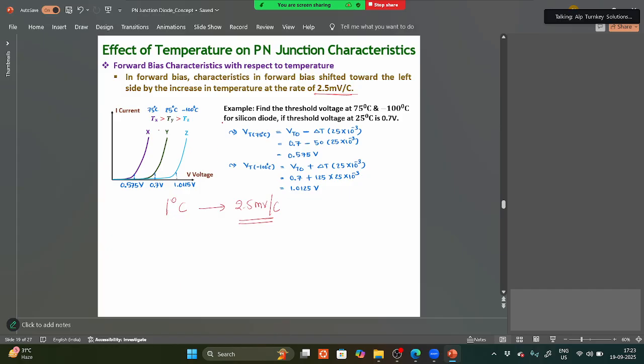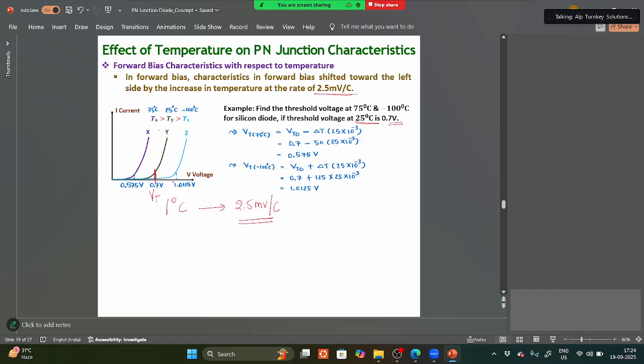Let us try to understand this with an example. Find the threshold voltage at 75 degrees Celsius and minus 100 degrees Celsius for a silicon diode, if the threshold voltage at 25 degrees Celsius, room temperature, is given as 0.7. Threshold voltage, or cut-in voltage, or we can call it barrier voltage.